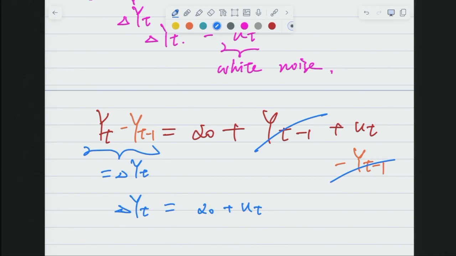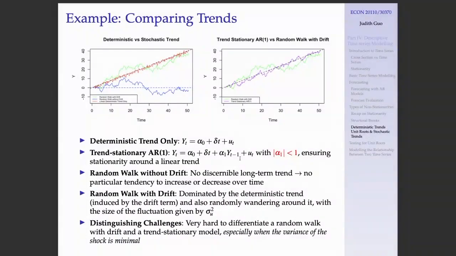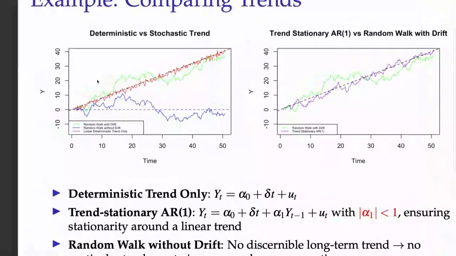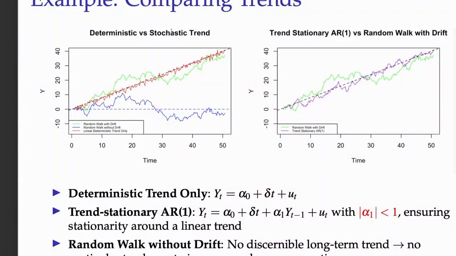And just one final slide before I let you go. On the slide, you can see that there are different time plots. On the left, we're comparing the deterministic and the stochastic trend. The only part that is new on the left is that now it includes the deterministic trend, plotted in red. We've seen that the deterministic and stochastic trend are different.